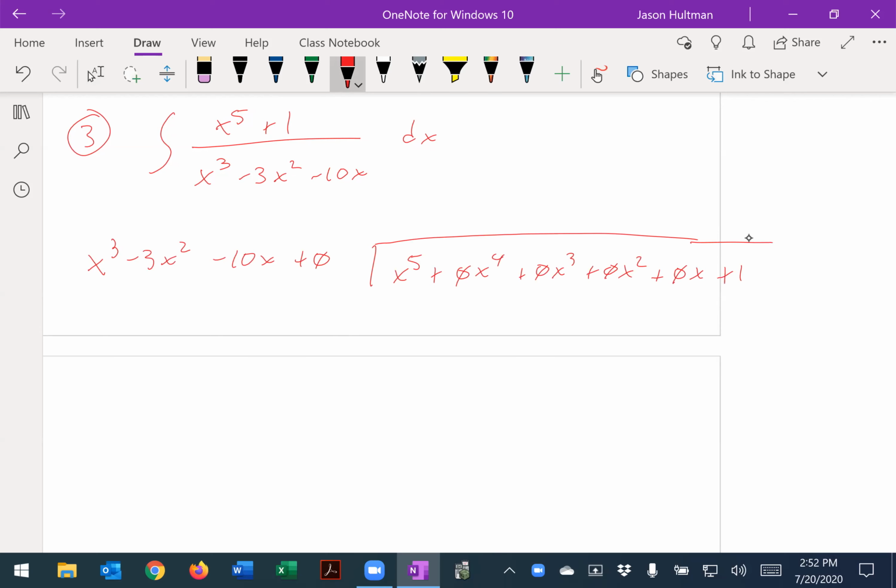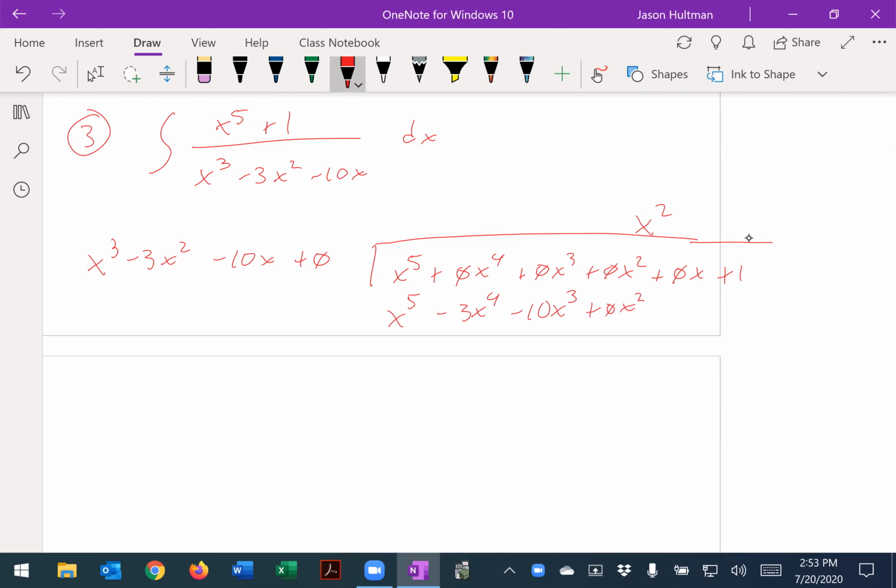x cubed goes into x to the fifth, x squared times. So let's go x squared here. x squared times x cubed is x to the fifth. This is going to be minus 3x to the fourth, minus 10x cubed, and then plus 0x squared.